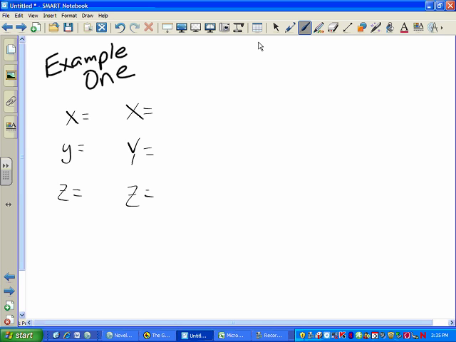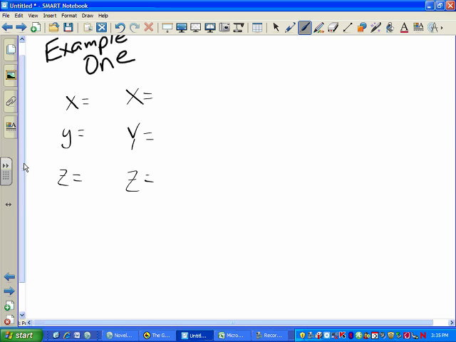Okay, here we go. Example number 1. What do I know? I know side X is 4. I know side Y is 5, and I know X is 27 degrees.